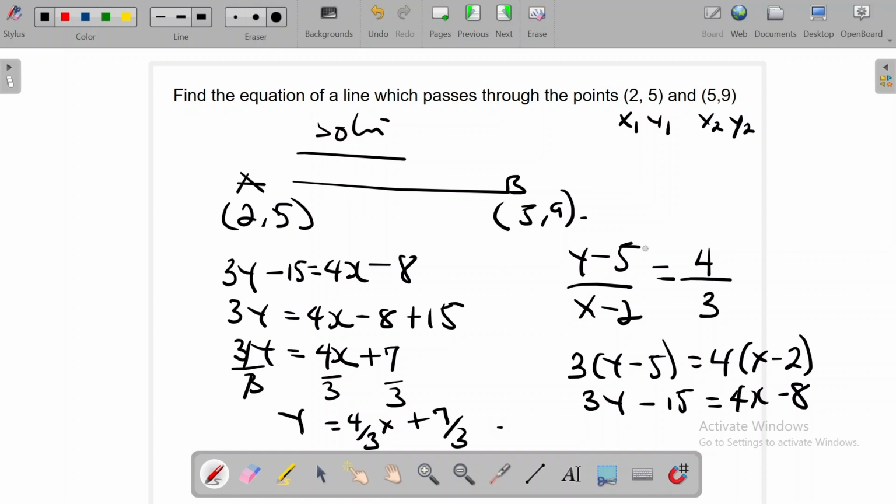The equation of a straight line is y is equal to mx plus c. What is my m in this case? 4/3. And what is the intercept? 7/3.